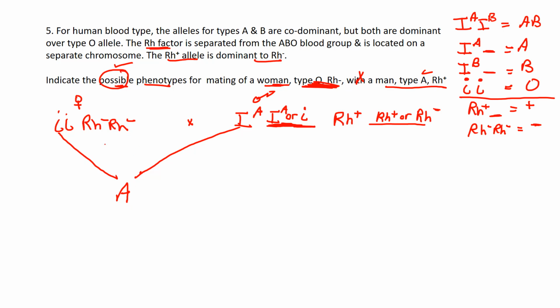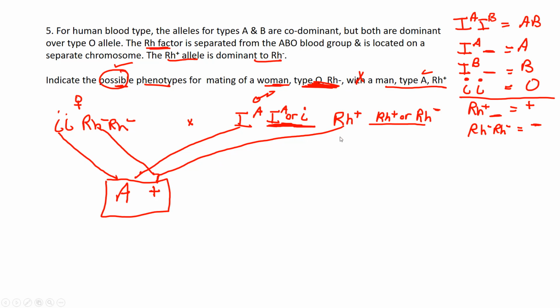And if we take this negative, that's all she can contribute, and we take his positive, we know this baby could be positive blood. So A positive is one of the possible phenotypes of the offspring with these two parents.